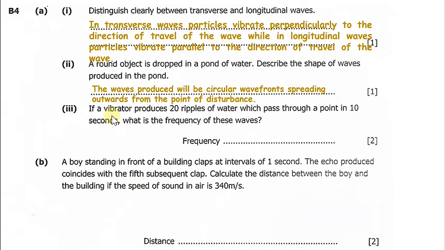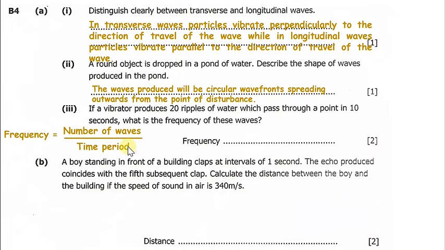Then 3, they're saying if a vibrator produces 20 ripples of water which pass through a point in 10 seconds, what is the frequency of the waves? So we'll just use this one. Frequency must be equal to number of waves over time period.